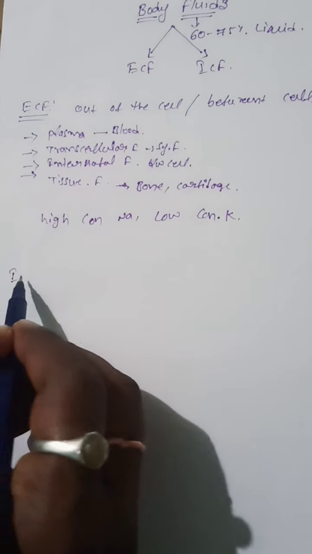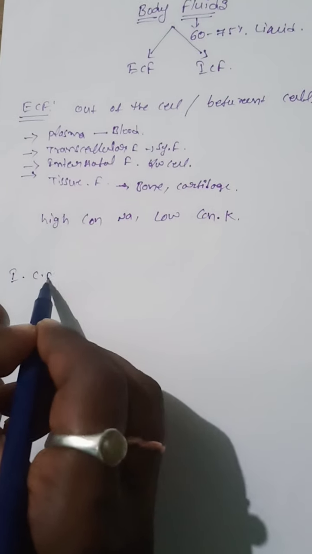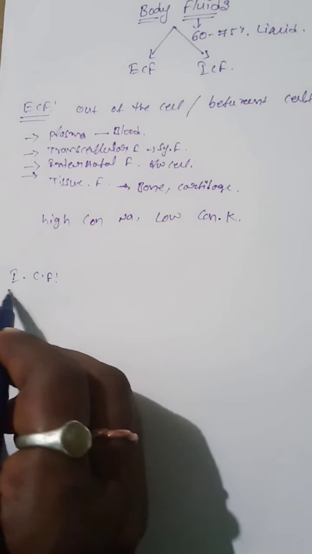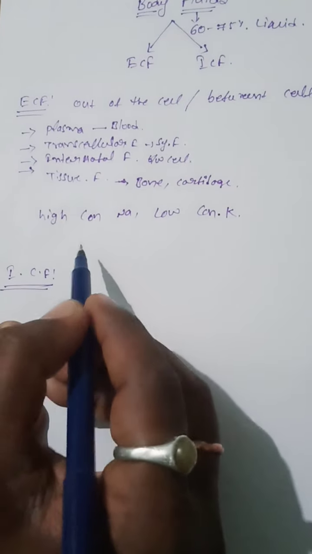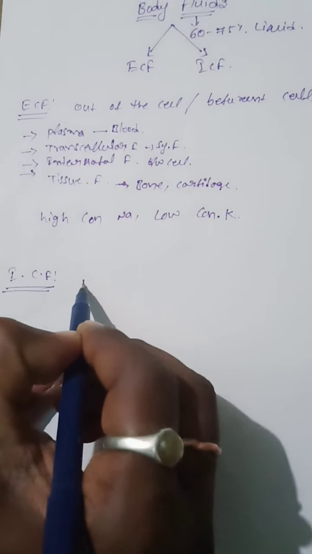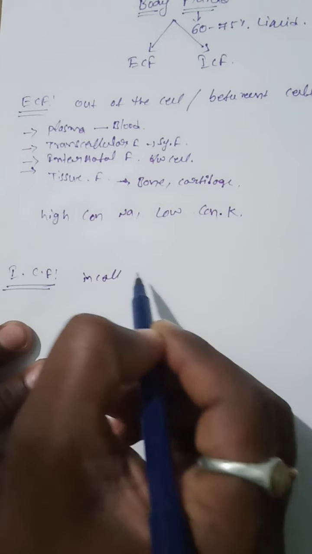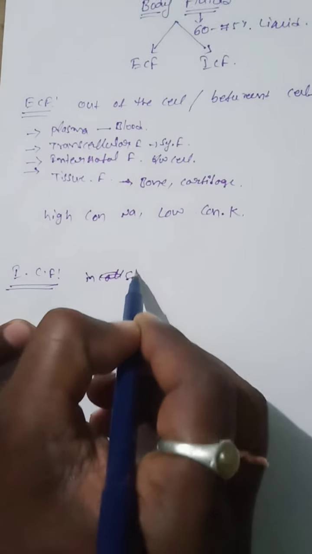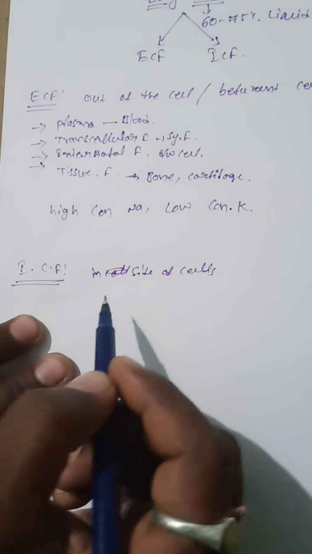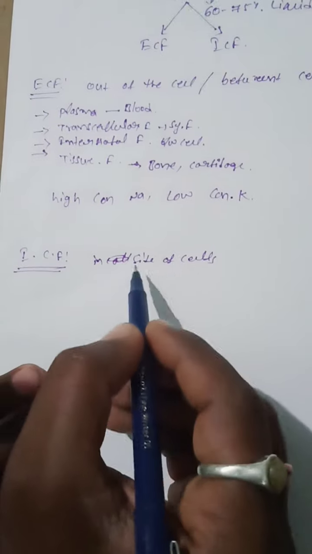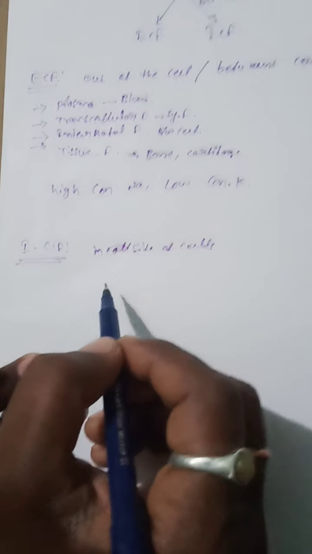The next one we discuss is the intracellular fluid. What is the intracellular fluid? The intracellular fluid is the fluid present inside the cells only. The intracellular fluid does not have any classification.